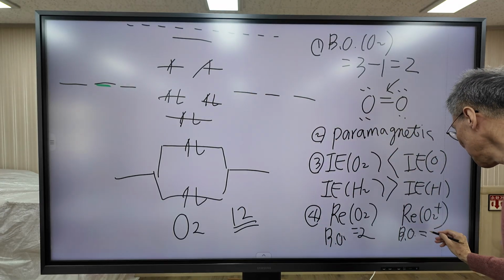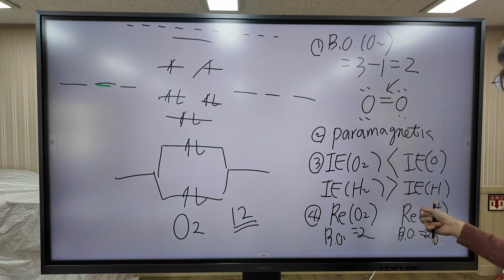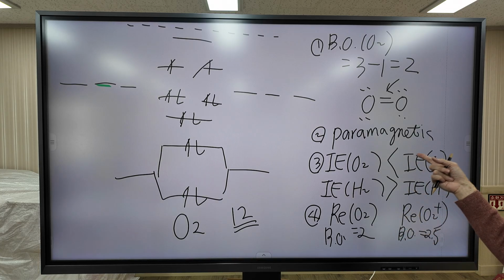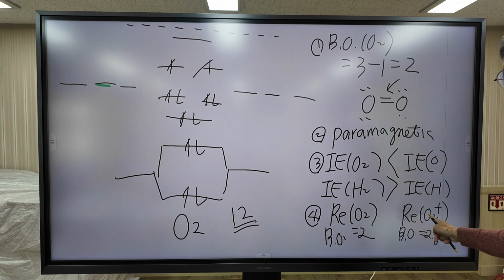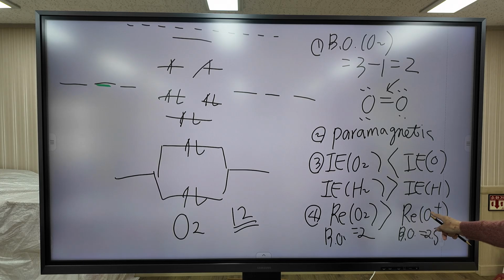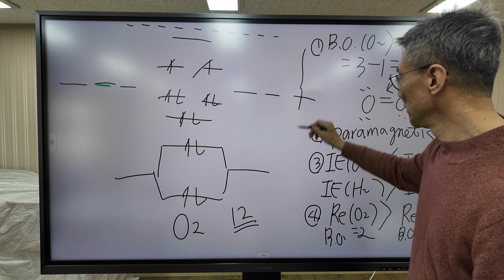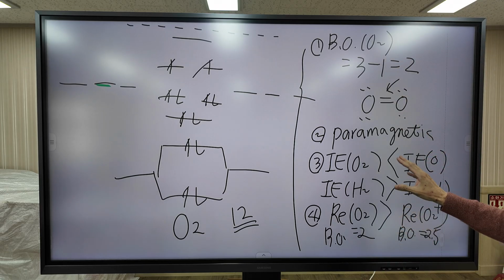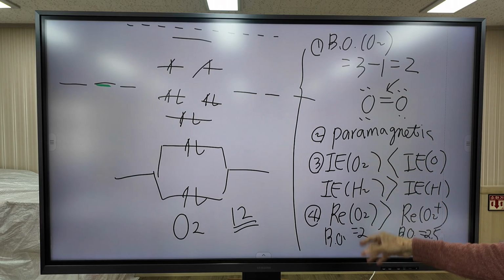So the bond order increases when the electron is removed. So this one is a stronger bond. So in this case, the O2 plus bond length is shorter. Okay. So in this way, very important experimental observations can be successfully explained.